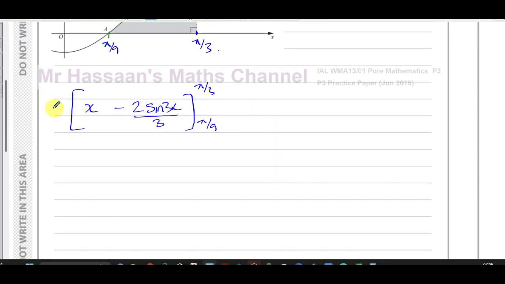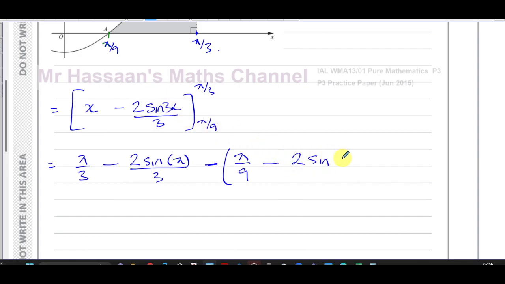So now we're going to substitute these values inside instead of x. So the x is pi over 3 minus 2 times the sine of, this is 3 times pi over 3, which is pi, over 3 minus, and then we're going to have pi over 9 minus 2 times the sine of 3 times pi over 9, which is pi over 3.